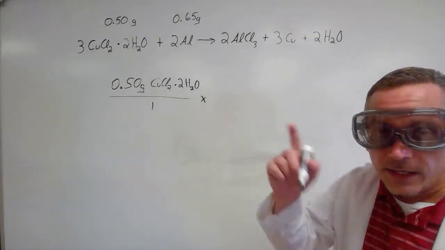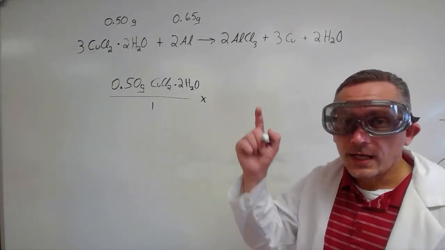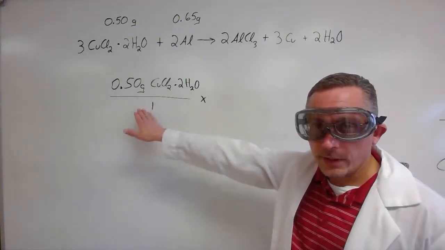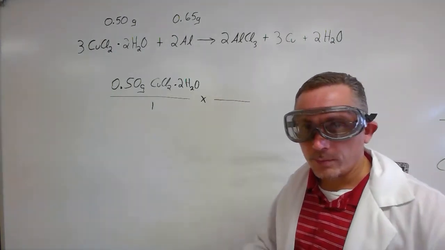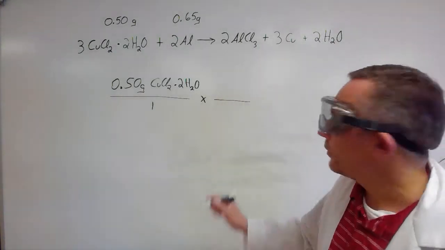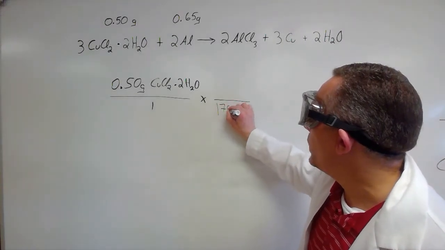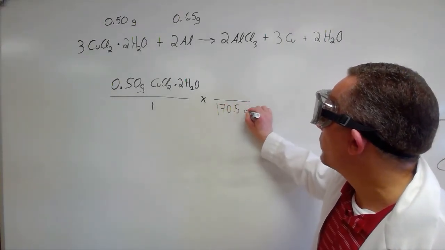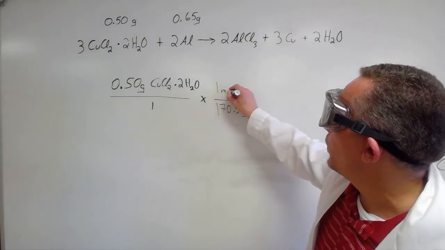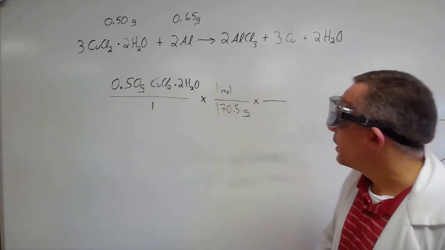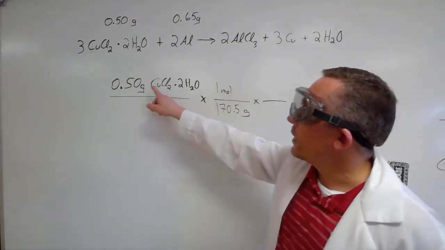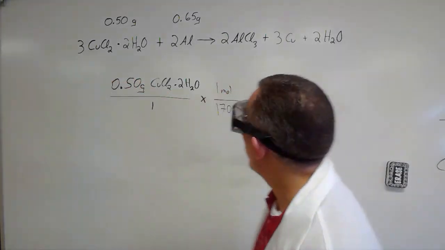So yeah. All right, so to figure out how much copper we're going to produce, we're going to start with the limiting reactant here. And we'll go to the periodic table and add up the molar mass, which it told us on the bottle was 170.5 grams. And then, of course, 1 mole up here. And then we'll go to that chemical equation. And so on the bottom, I'm going to want moles of the copper chloride, which is 3.